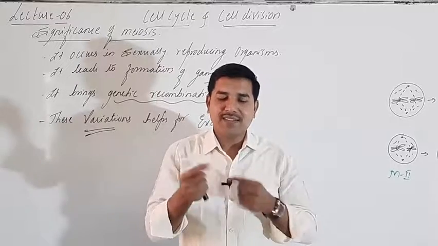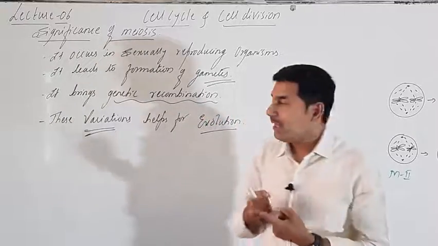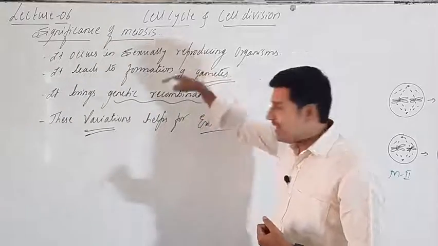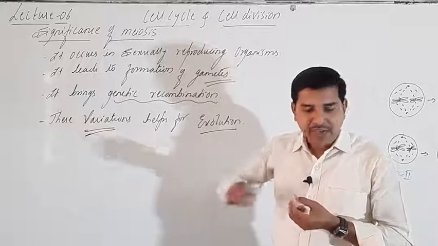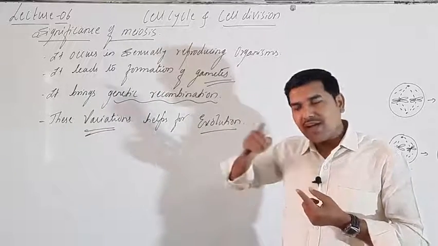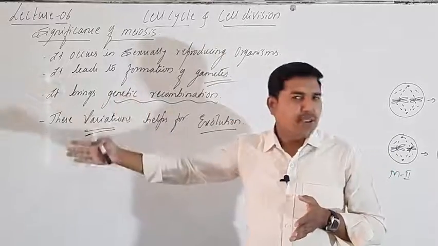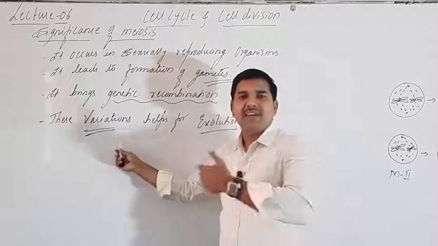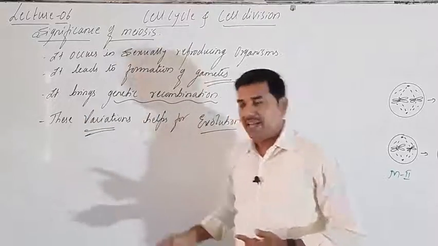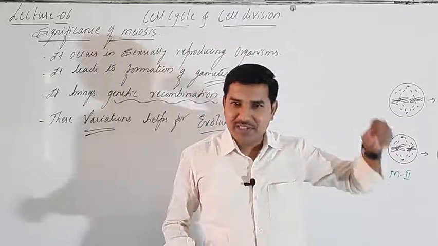As there is genetic exchange between two homologous chromosomes, it brings about what? Variations. Because of this, changes come in the characters. As changes keep coming in the characters through the next generations, 5 generations, 10 generations, 20 or 30 generations, variations in characters keep building up, and finally there is evolution. Evolution is nothing but formation of a new species.